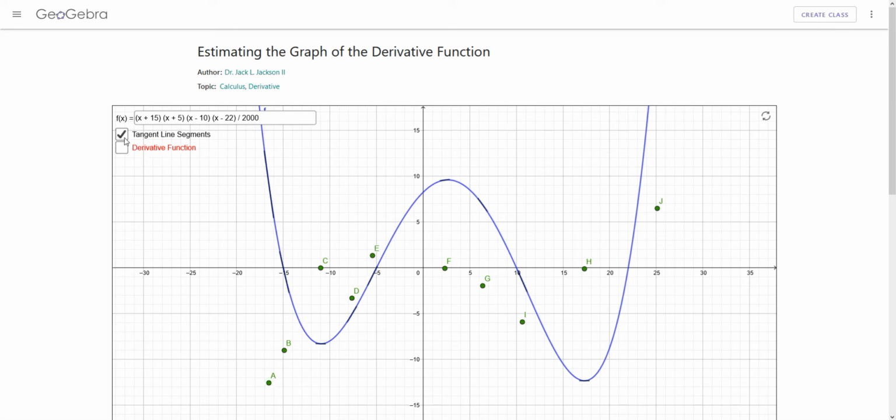Now another way we could do it is we could look here at the tangent line segments that I've got drawn for each of these. The amount of drop from here to here is the value of the derivative, because these little tangent line segments are going to the right one.